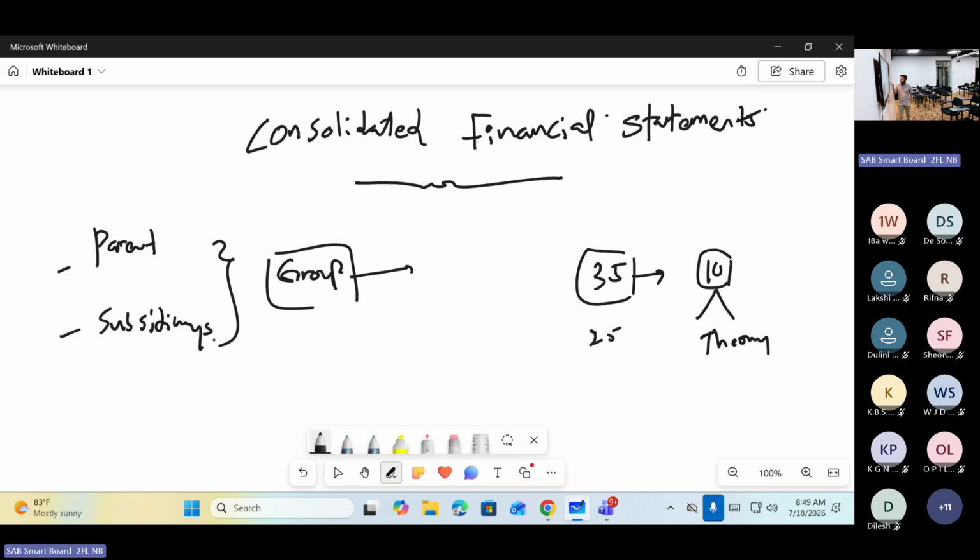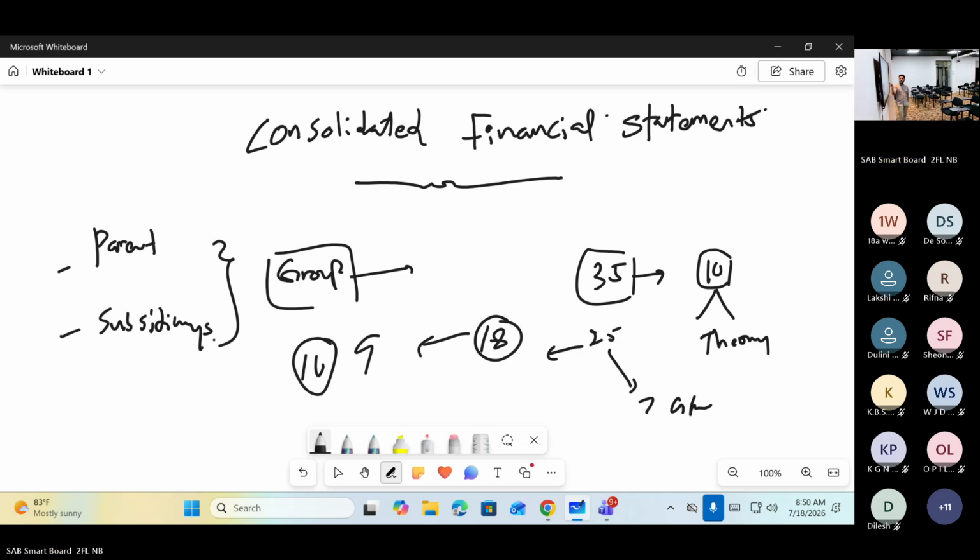Out of 25, 7 marks are for goodwill calculation. The remaining 18 marks cover 9 or 10 adjustments. If you can do one adjustment, you get 2 marks.